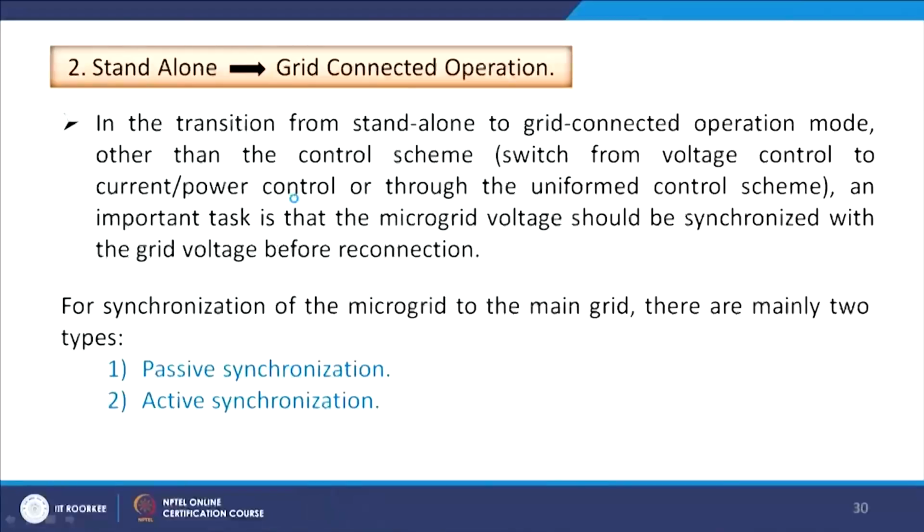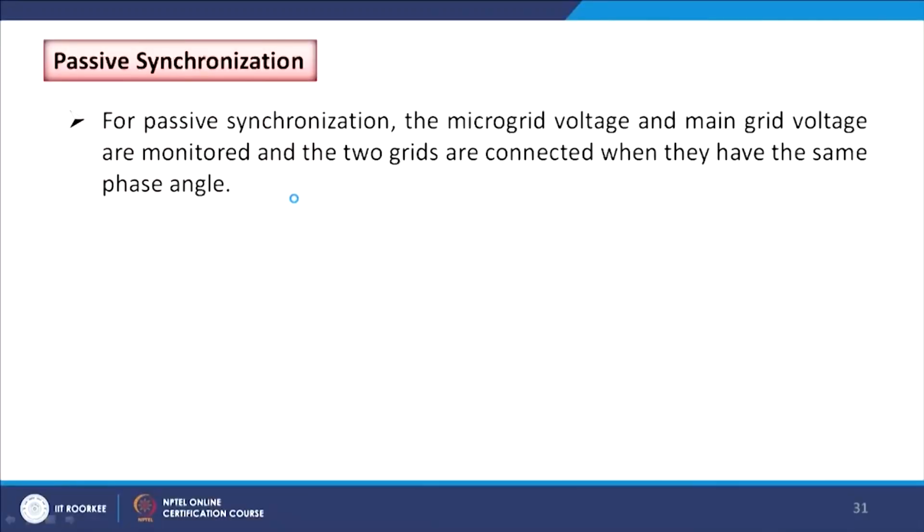For synchronization of the microgrid to the main grid, there are two types of synchronization. One is passive synchronization and the other one is active synchronization. In case of passive synchronization, the microgrid voltage and main grid voltage are monitored and the two grids are connected when they have the same phase angle.